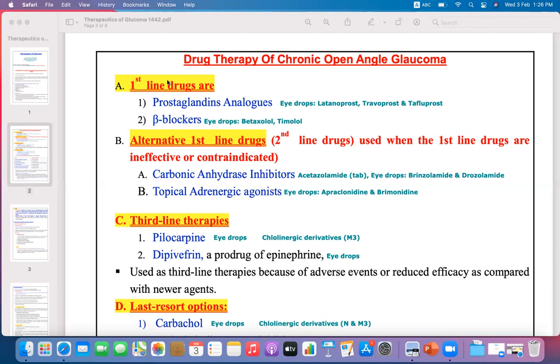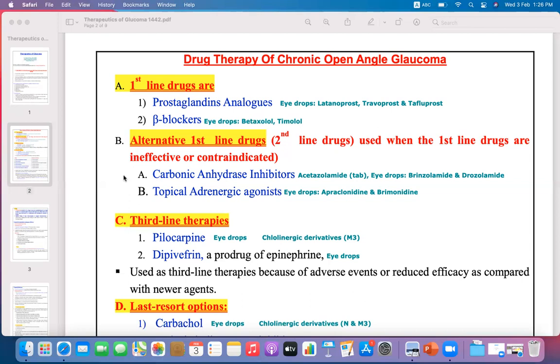If you started the first line agents, after a few days you again examine the patient's ophthalmic test, and there was no significant benefit from the first line agent, you can start with the second line agents.